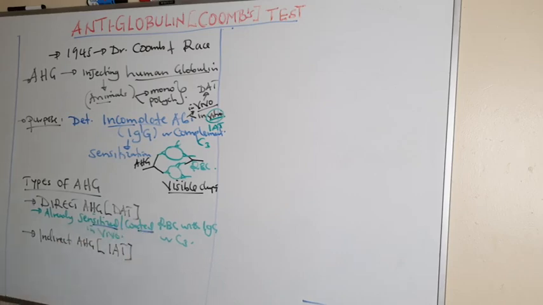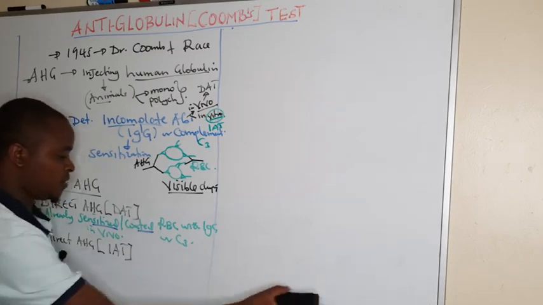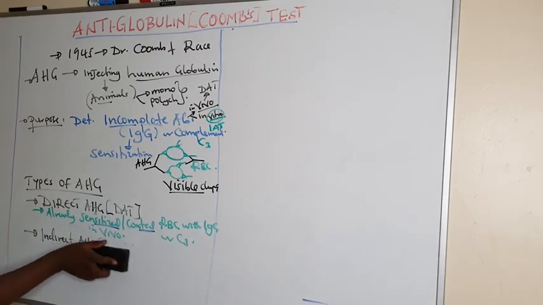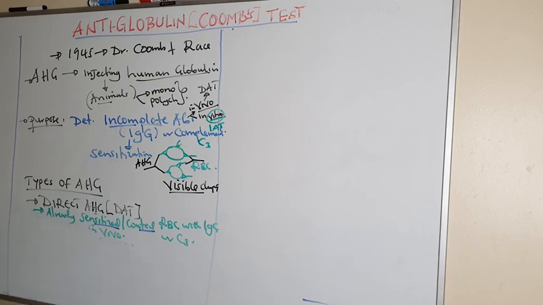That is what we are calling direct Coombs. Under direct Coombs, if I draw blood from a patient, I prepare what we call 5% RBC washed cells.